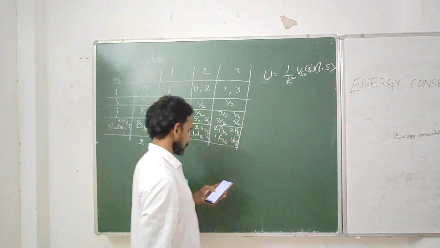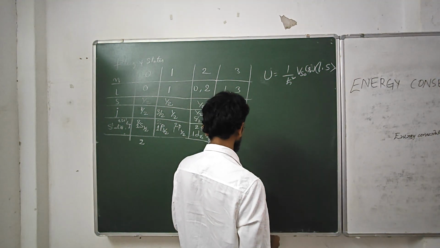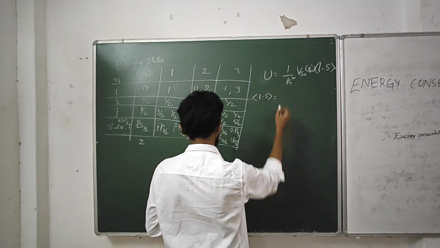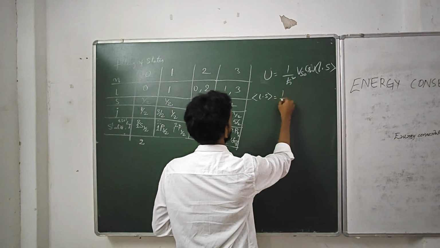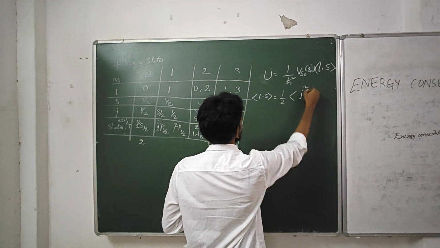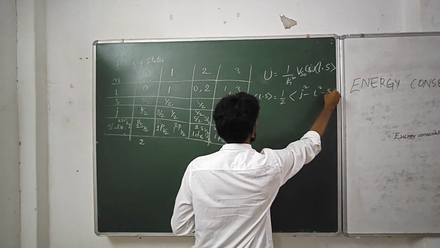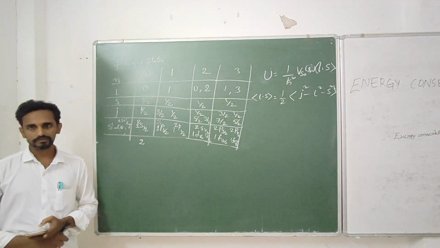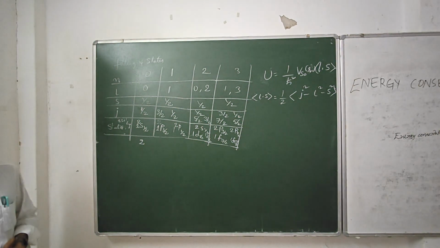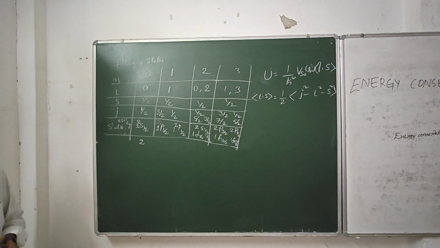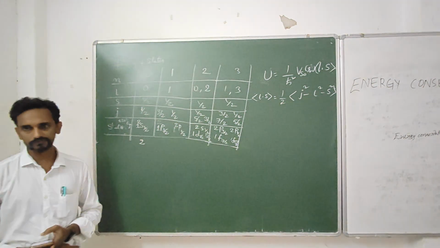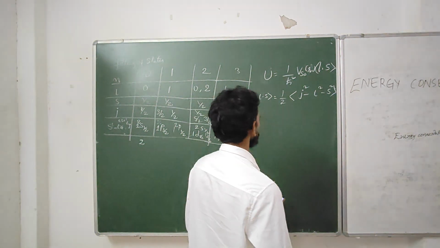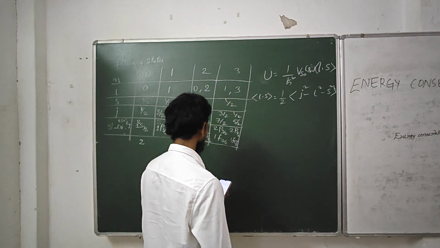So if you calculate that expectation value of L dot S, it is half J square minus L square minus S square. So that will come in your quantum mechanics. Expectation value of L dot S, it is J square minus L square minus S square.